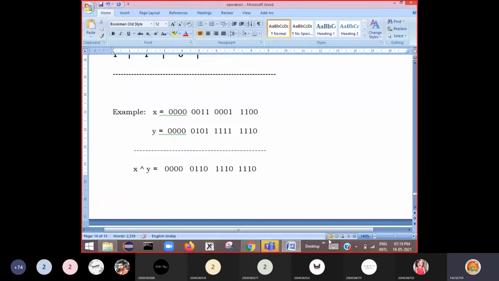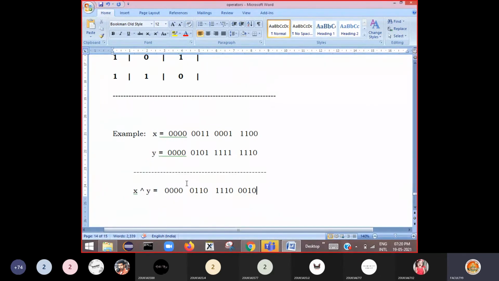Similarly 1 exclusive OR 1, same bits, we'll get the result as 0. Next 2 bits are also the same, so the result will be 0. Then next 2 bits 0 and 1 gives 1, and 0 and 0 again gives 0. So this is the result of the exclusive OR operation.